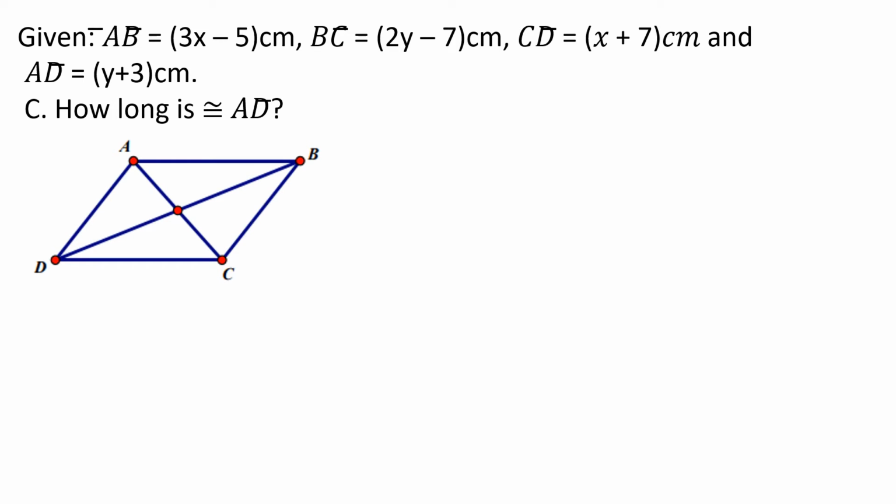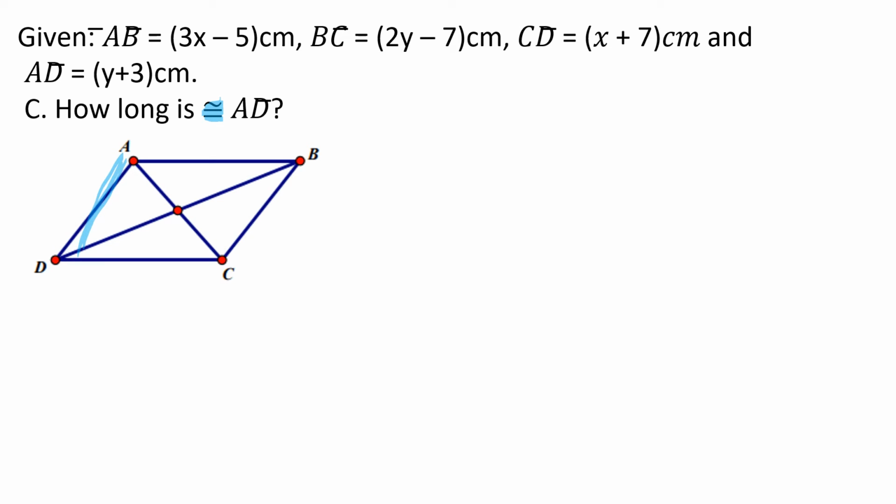Given that side AB is still 3x minus 5, BC is 2y minus 7, CD is x plus 7, and AD is y plus 3, the question is, how long is side AD? Okay, disregard this symbol. Which one is side AD?